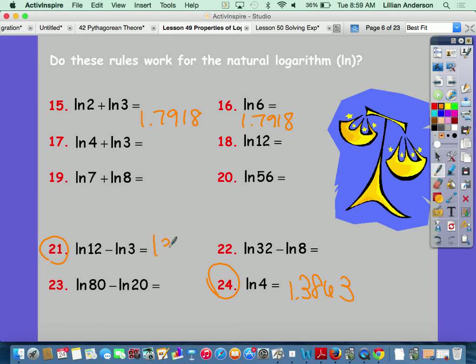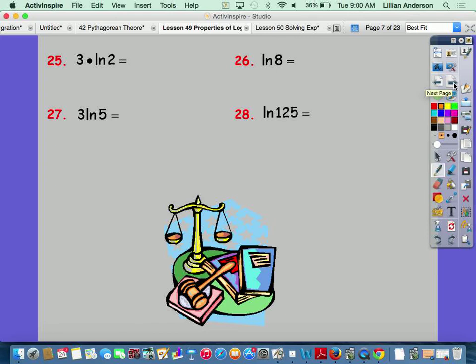Okay, so that works the same. All right, what about over here? Let's do 27 and 28. What's the number? 4.8283. All right, so yes, it applies to natural logs as well.